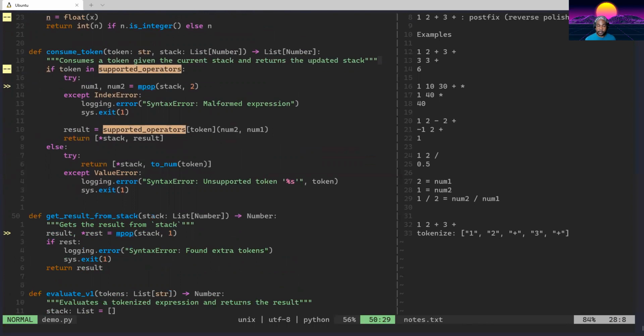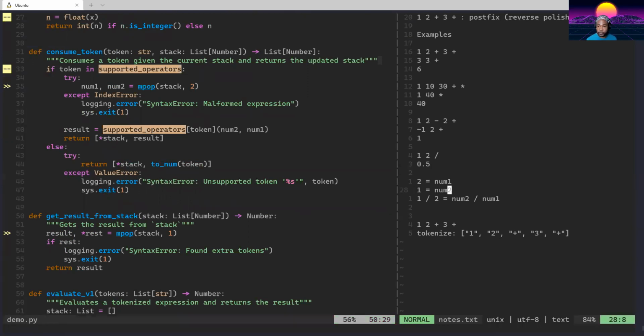But in my consideration that the expression might be malformed, it may be the case that we run out of tokens and somehow we end up with more than one number on the stack at the end of our processing. And so that would mean that we have some extra tokens that we have not processed, right?